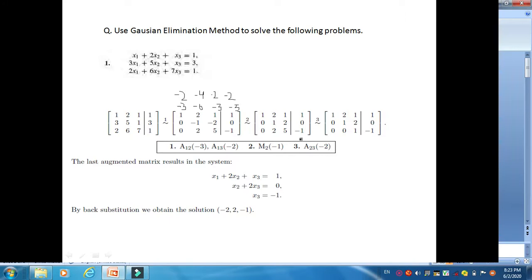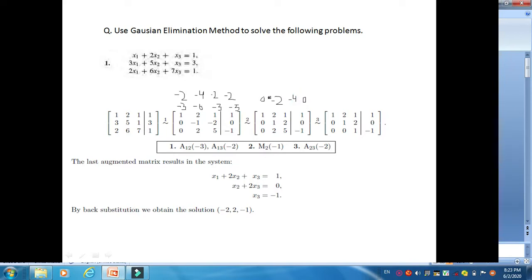First we multiply row number 2 by minus 2. So minus 2 zeros are 0, minus 2 ones are minus 2, minus 2 times 2 is minus 4, minus 2 zeros are 0.